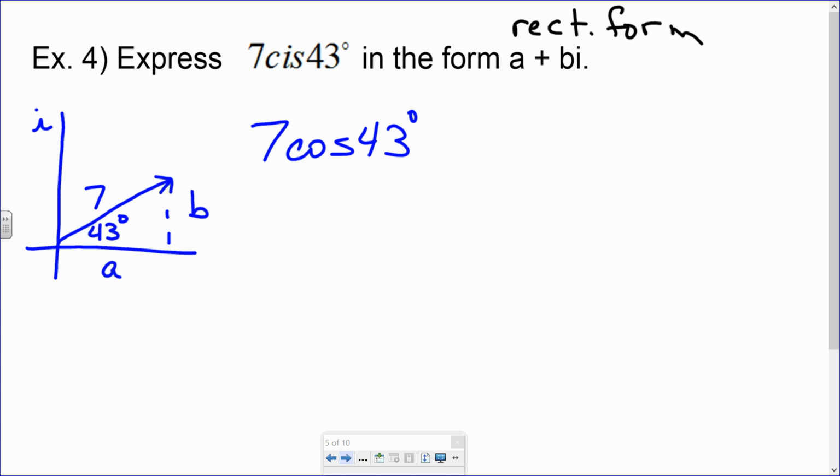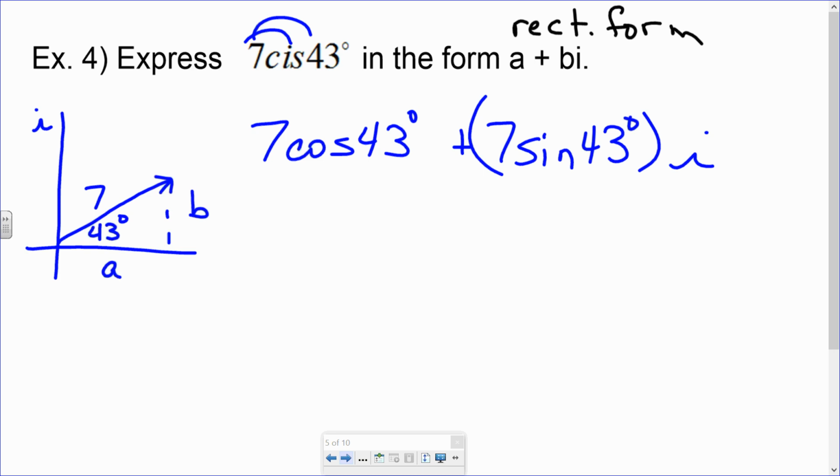You can look at the picture and say the cosine of 43 is adjacent over hypotenuse, so A over 7, so A is 7 cosine 43. Or you can expand this out because we said cis means cosine of the angle plus i times the sine of the angle, and distribute the 7. So if we're just distributing the 7 on that, we have 7 cosine 43 plus 7 sine 43 times i.